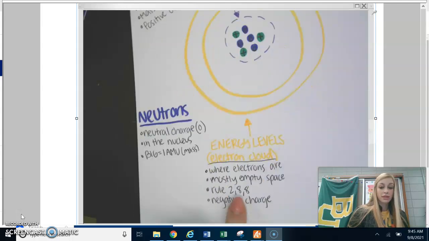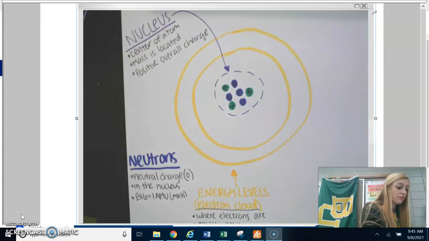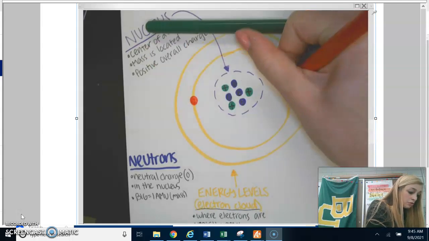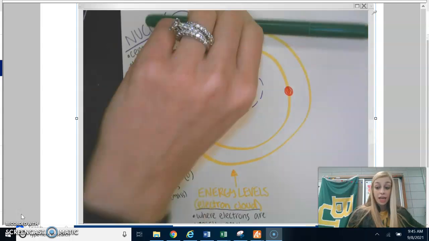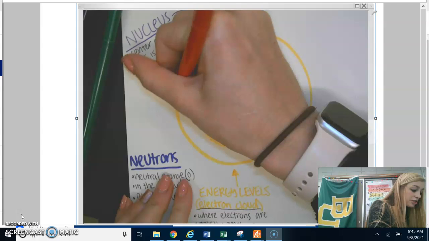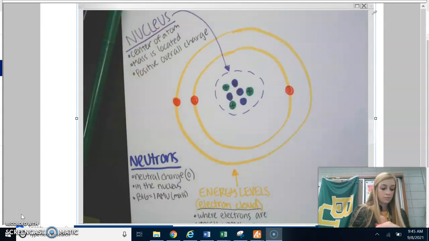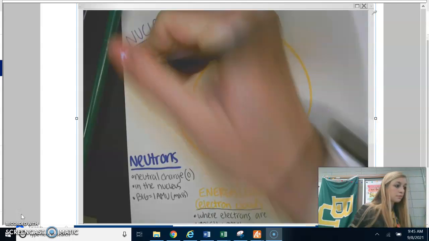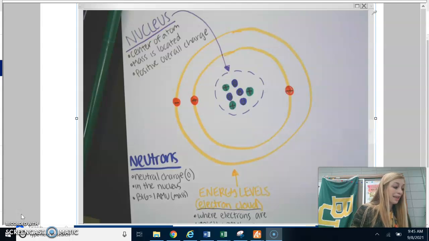Our rule says that we can only have 2 in the first energy level. So I'm going to draw 1, 2, and since I have 3 electrons total, that means I have 1 more left to go in the second energy level. And I'm going to put a negative sign on these because electrons are negative.